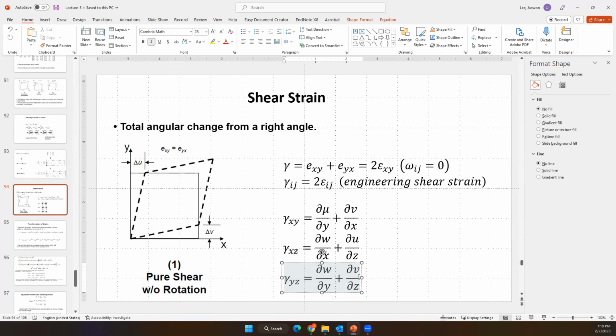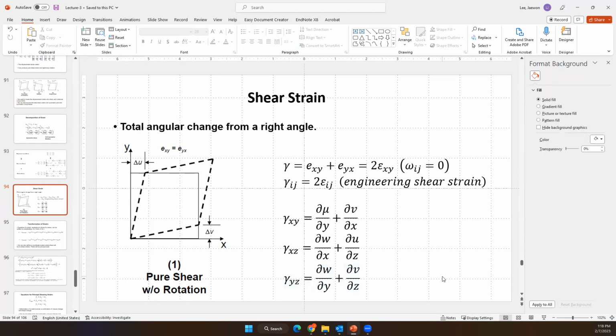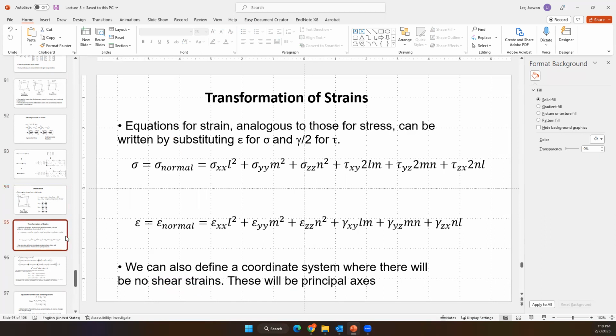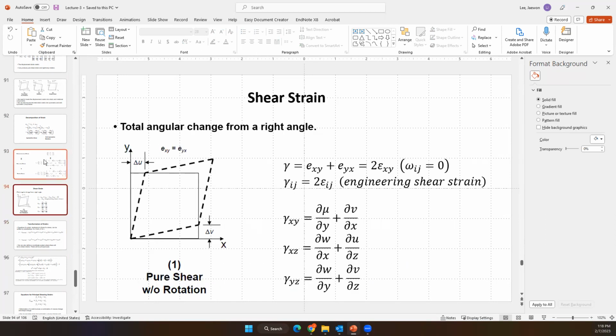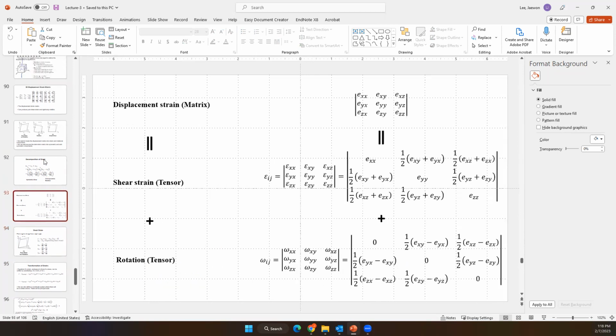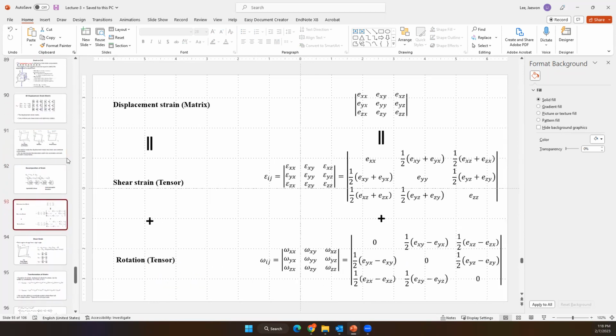So we can understand the total angular change from the angles. Do you understand? Do you have any issues about the strain tensor, shear strain tensor, and rotation tensor?